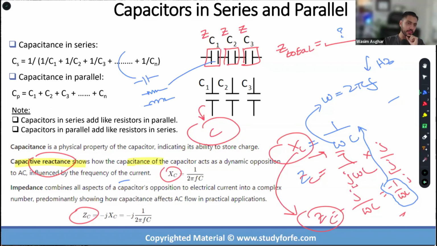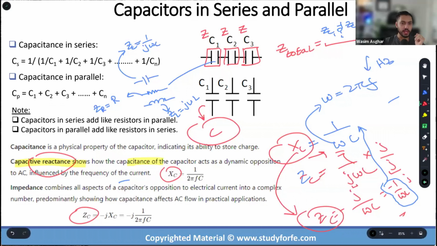If you have a cap, this is simply going to be 1 divided by j omega C. If you have a resistor, this is simply going to be R. If you have an inductor, this is simply going to be j omega L. It doesn't care what is inside the box. This is going to be the sum of ZC1 plus ZC2 plus ZC3.